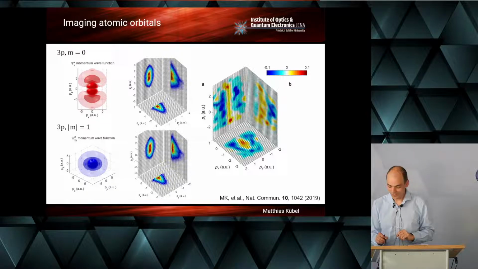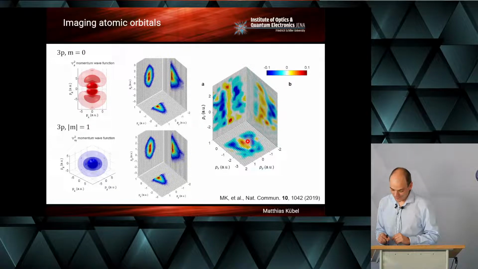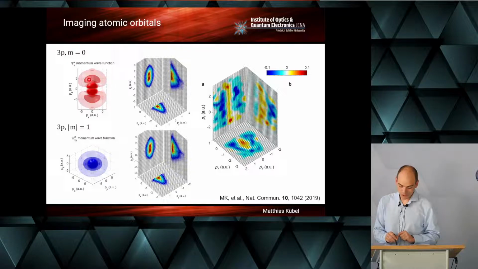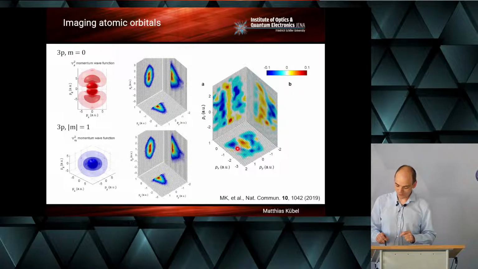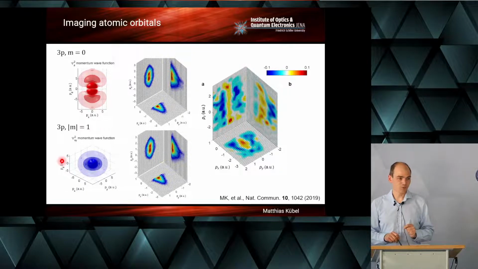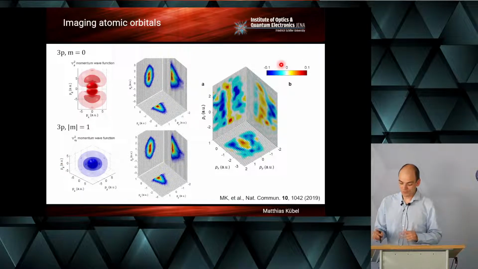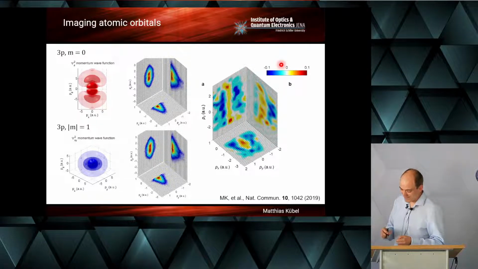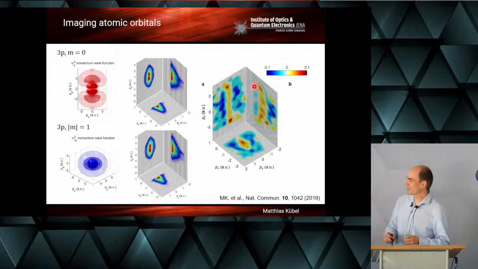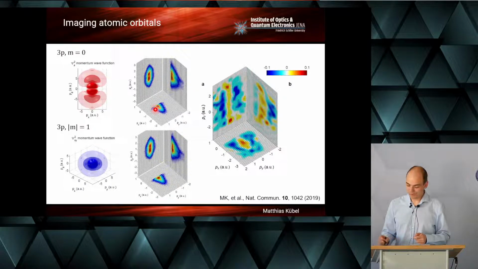You can interpret this as a top view of this red peanut-shaped distribution with this blue donut-shaped distribution around it. Of course, we don't measure colors; the electron distributions don't have colors, but this is the difference of the signal. So red means there is more signal in this distribution, and blue means there's more signal in that distribution.